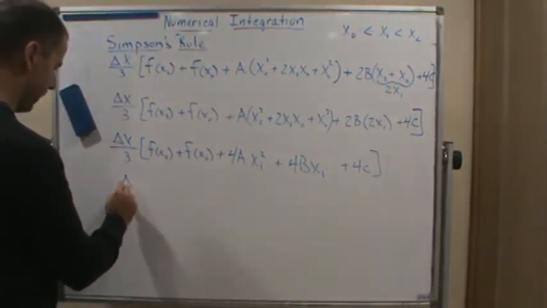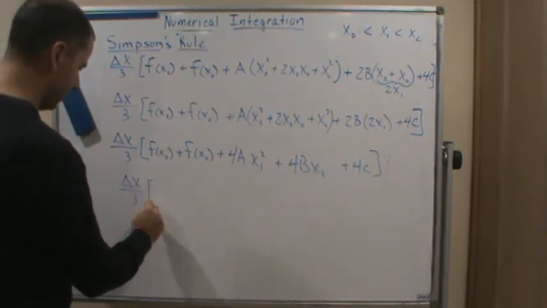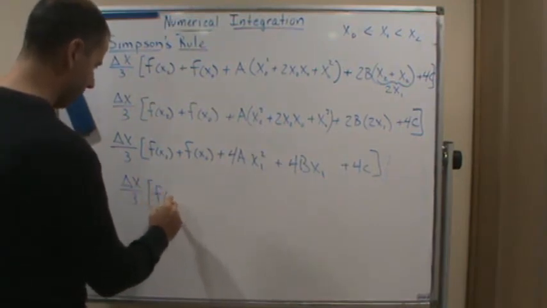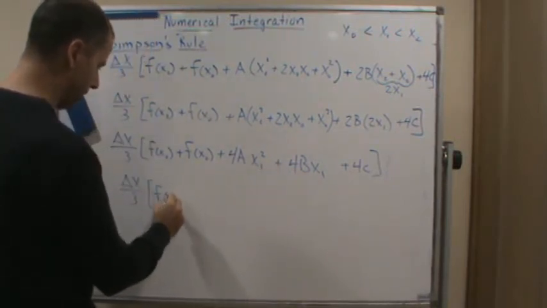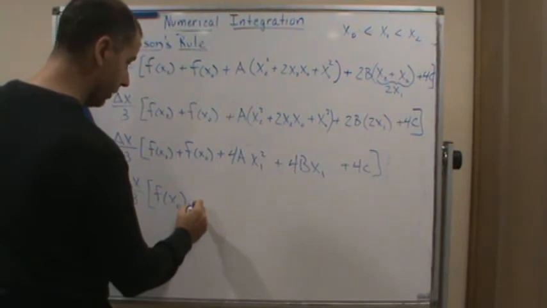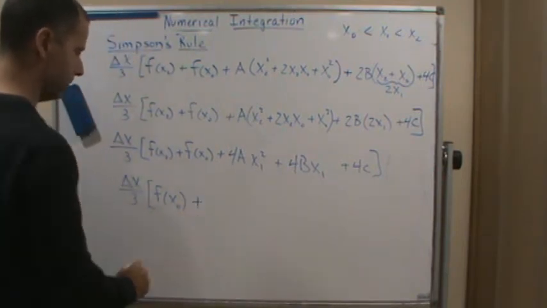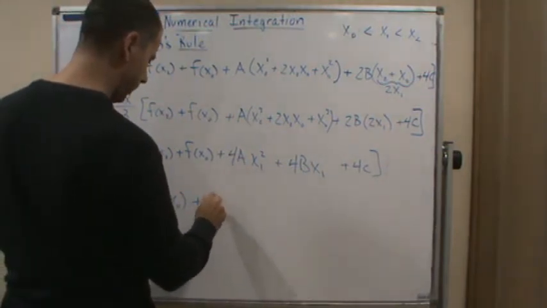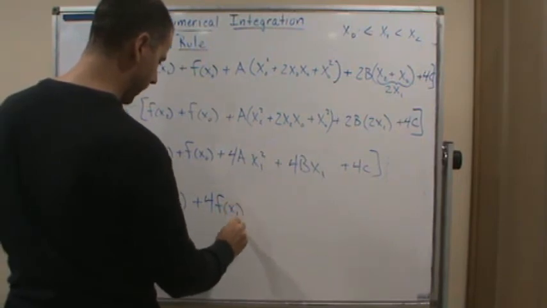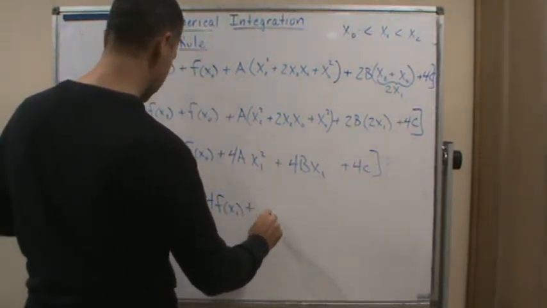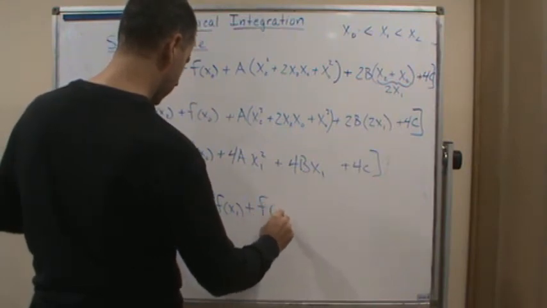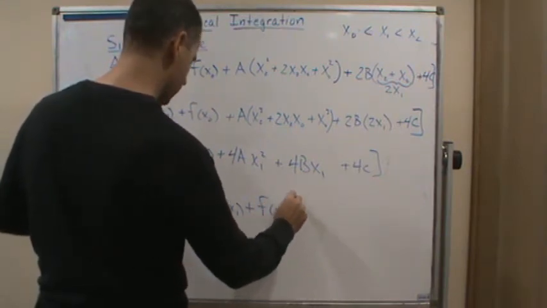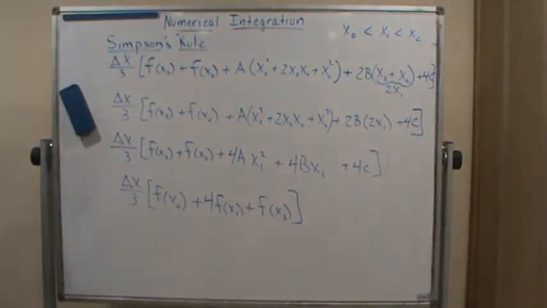And so my final result becomes, I'm going to rearrange things, f of x0 plus 4 times f of x1 plus f of x2. Okay? Now that's the result just for the first 3 points.